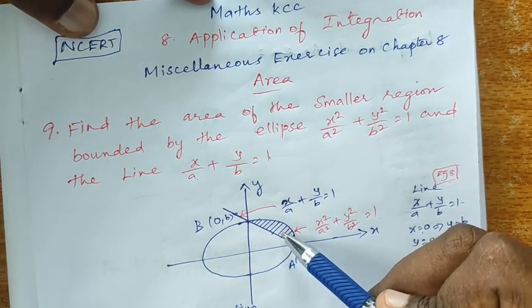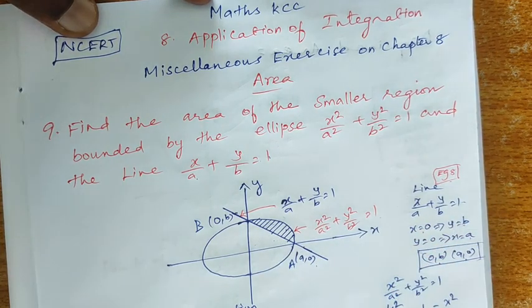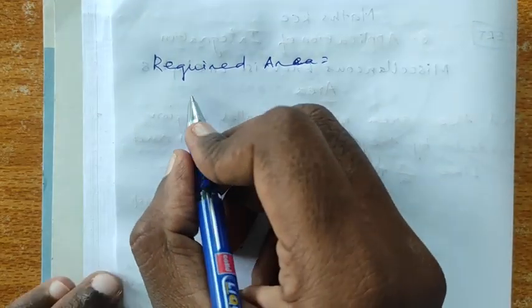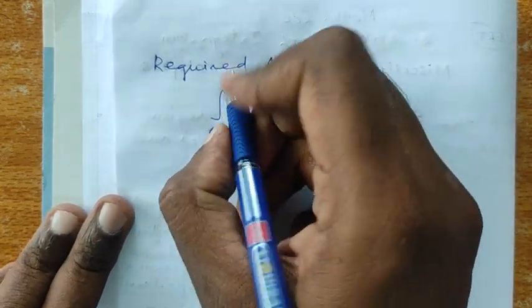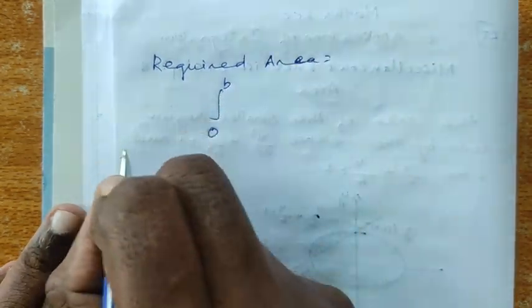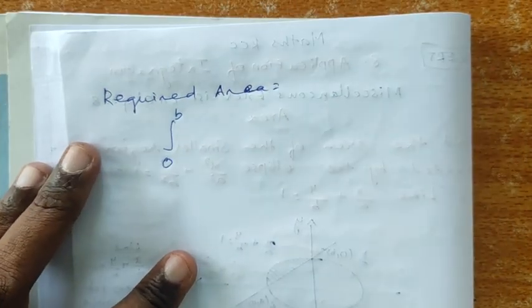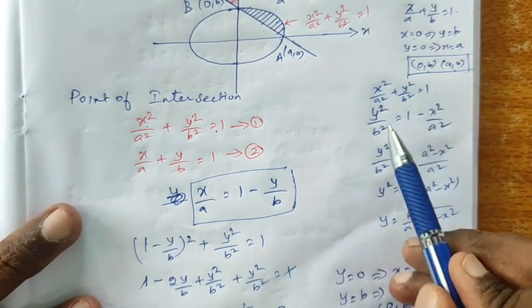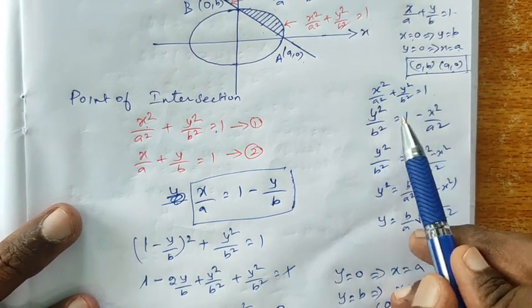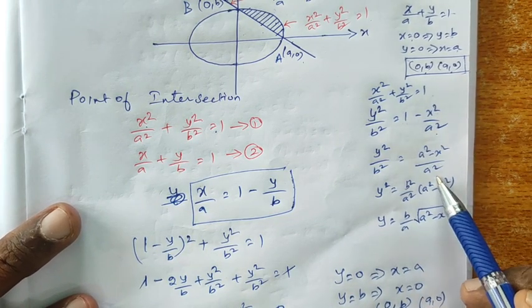First we have to find the area of the ellipse, then next area of the chord AB. So required area equal to, we have to apply the equation of ellipse. So before that, x square by a square plus y square by b square is equal to 1. So y square by b square is equal to 1 minus x square by a square.